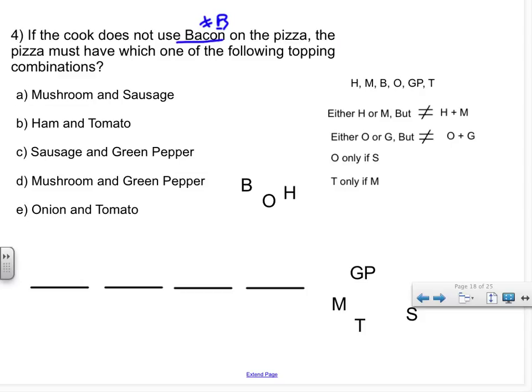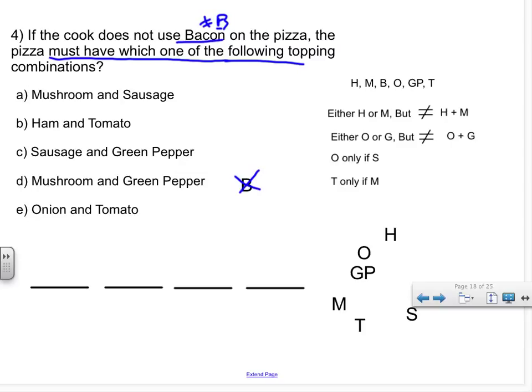So whenever you see must, it's a good idea to underline it. Must have which one of the following topping combinations? Whenever I see must have, I'm going to try and make a diagram without the two selections to see if I can still meet all the conditions. So the first thing I'm going to do is put B off to the side right here, and cross it off so I'm not tempted to use it.